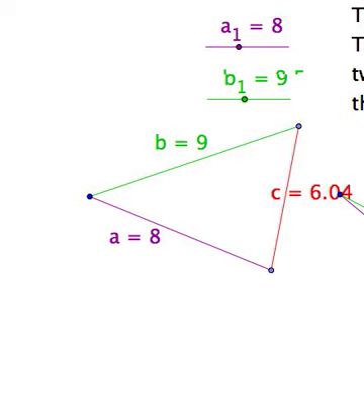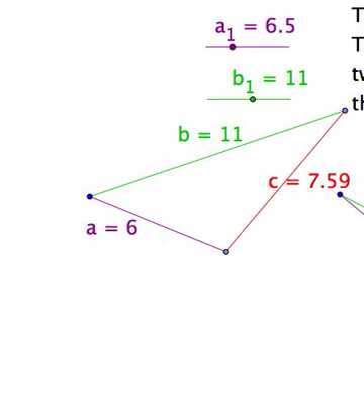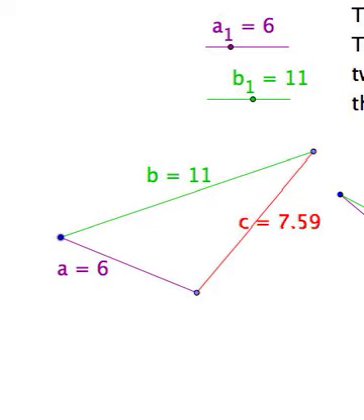So let's go up and we'll make the green line 11 and the purple line 6. So if my observation is correct, then the red line should go as small as, say, let's see, 5, and the biggest it could be is 17.